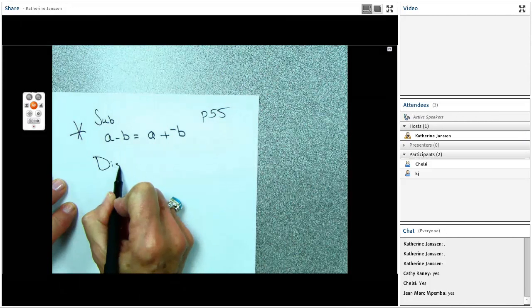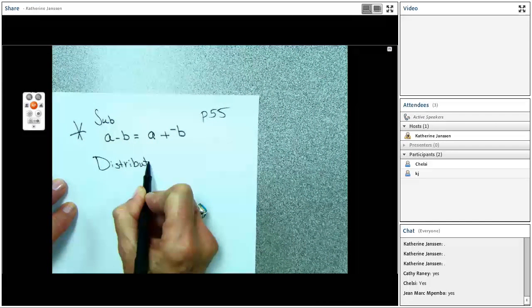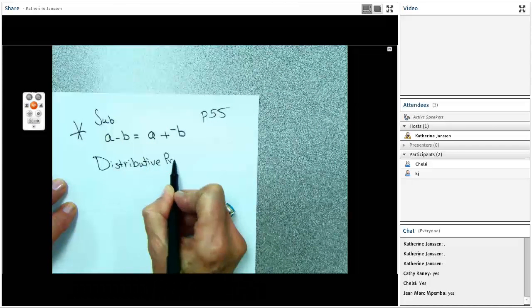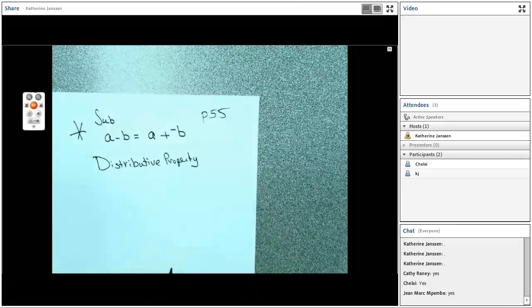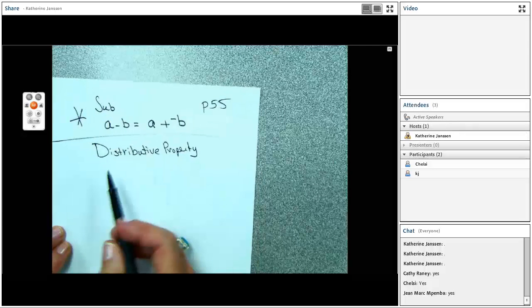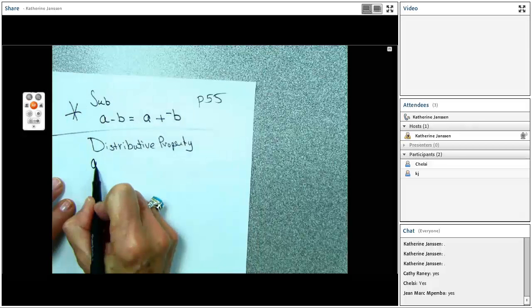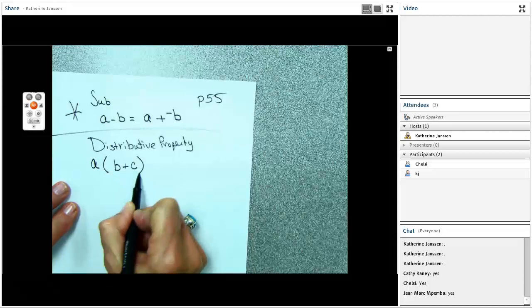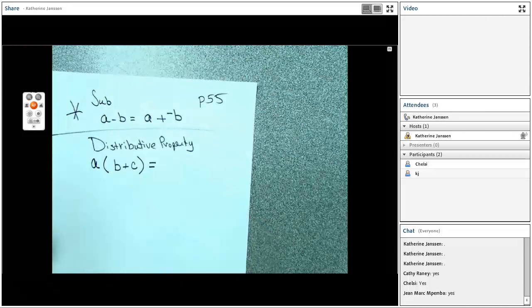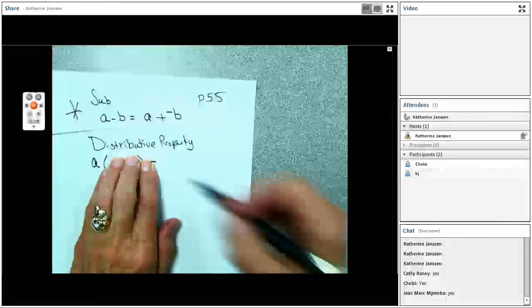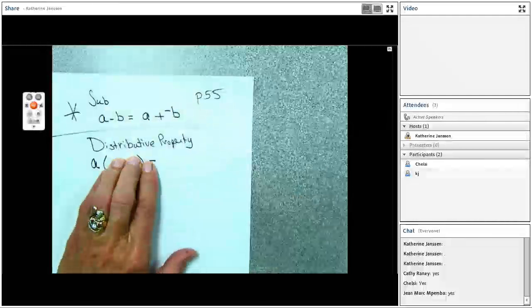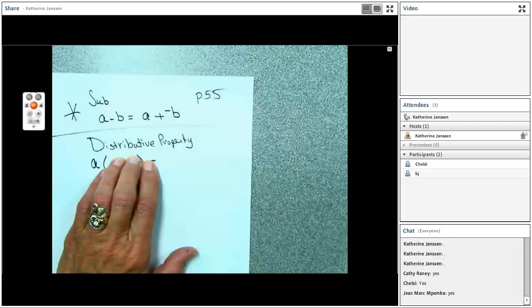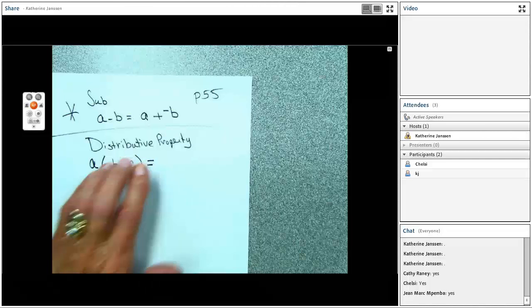The distributive property. A times the quantity, B plus C. Now, if you repeat that to yourself, A times the quantity, doesn't matter how many items are in those parentheses, it's A times everything within the parentheses.